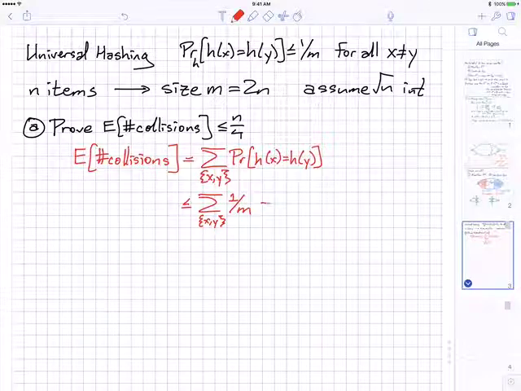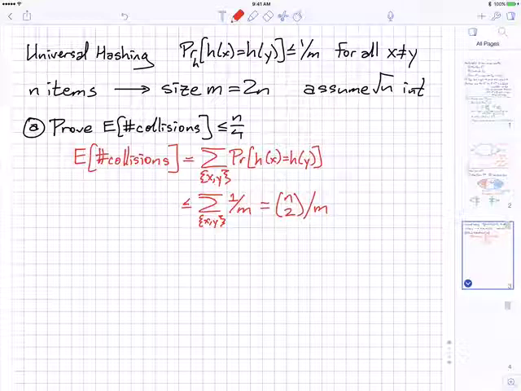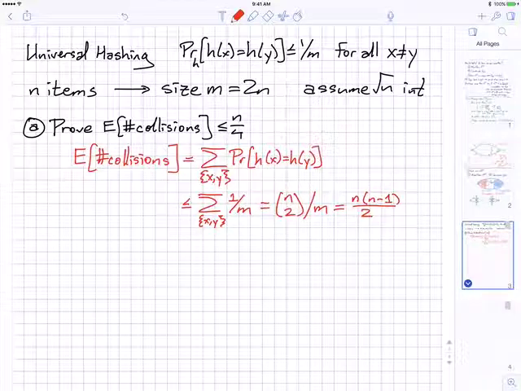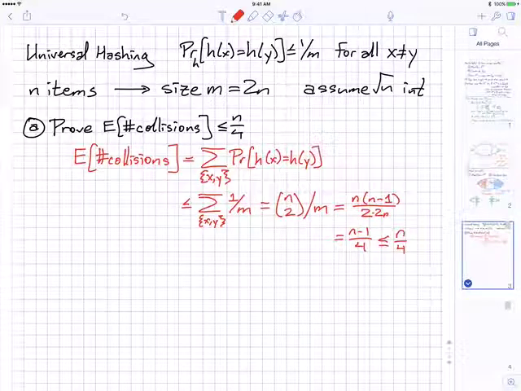So this is equal to n choose 2 over m. But I know what n choose 2 is, and I know what m is. And so this is n minus 1 over 4, which is strictly less than n over 4. Okay, good.